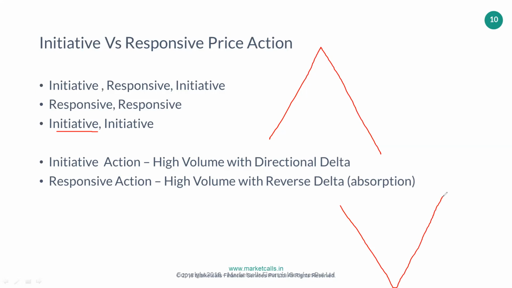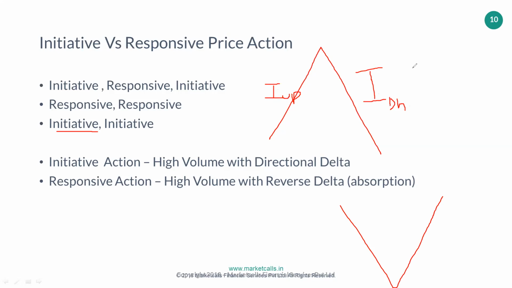V-shaped reversals are always characterized by initiative up to initiative down, where the volume will be pretty much higher on both the initiative up drive and the initiative down drive, right? So it's always good to know what stage we are in.